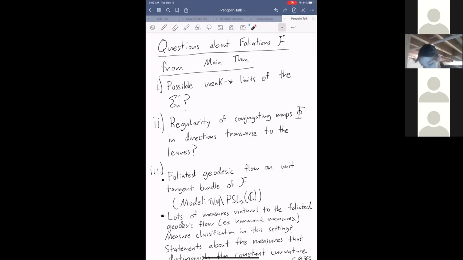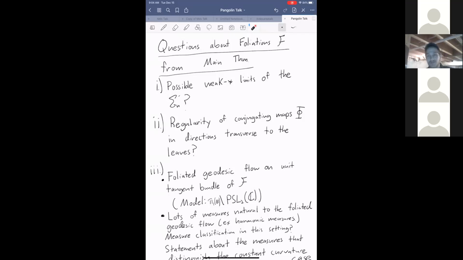Another question you can ask is, you have these conjugating maps phi from the theorem that send leaves of the foliation F to leaves of the variable negative curvature foliations that you construct. Along the leaves these maps should be smooth, but in directions transverse to the leaves the regularity will probably be worse. You have a similar thing if you have a hyperbolic manifold and look at another negatively curved metric on it and look at the two geodesic flows.